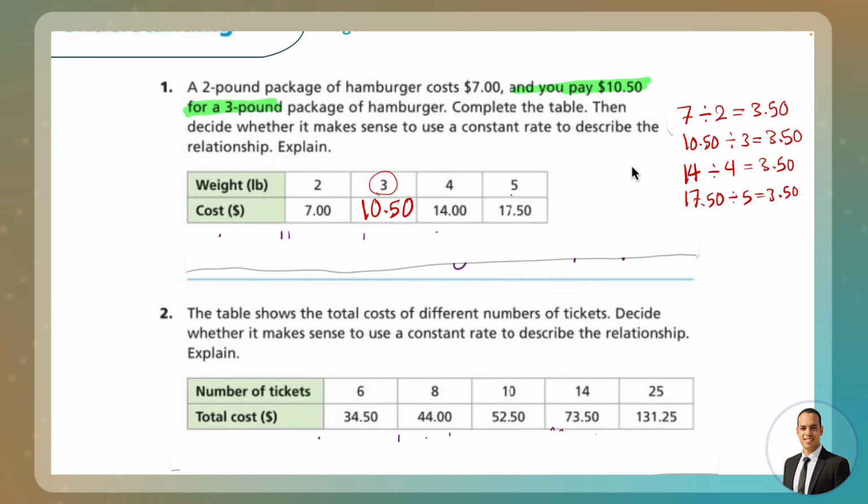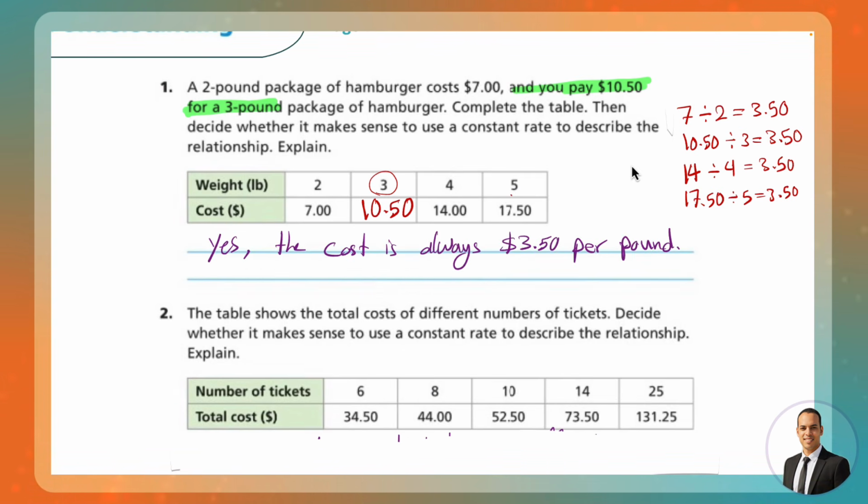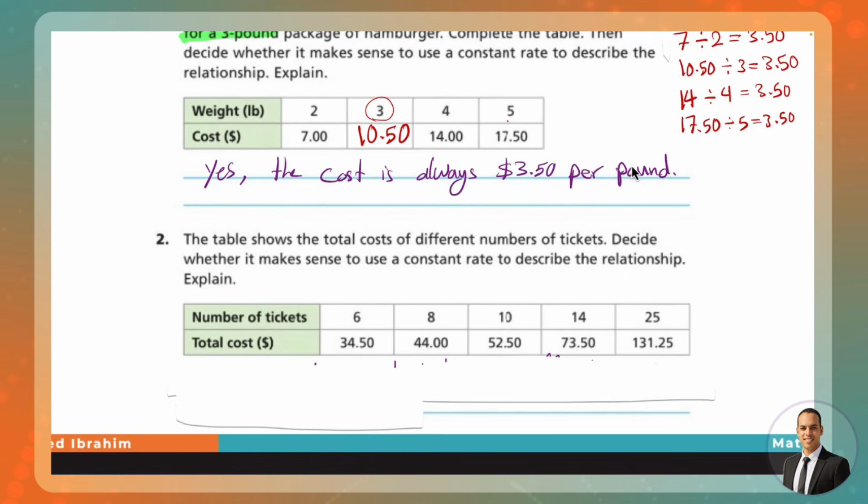Like 7 divided by 2, it's 3.50, and 10.50 divided by 3 is 3.50. 14 divided by 4 is 3.50. 17.50 divided by 5 is 3.50. So it seems like the cost per pound is the same. So we can say that yes, the cost is always $3.50 per pound.